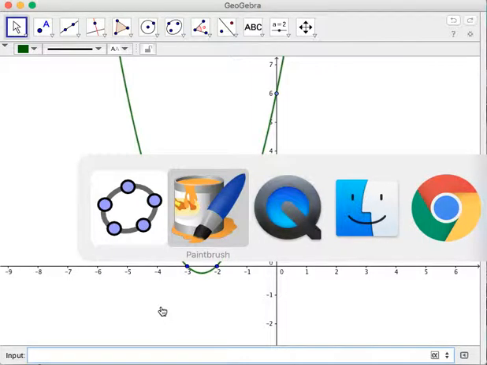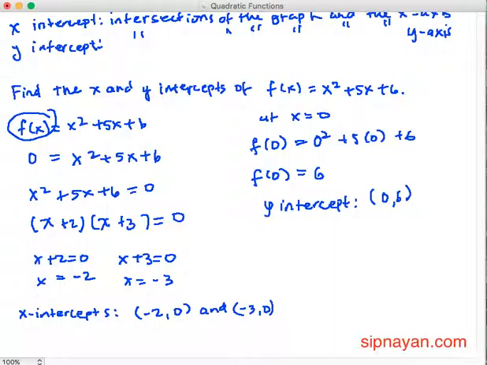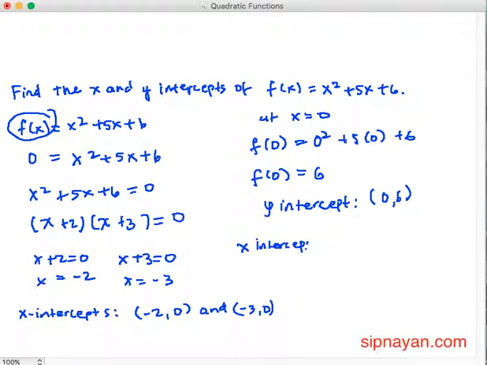Okay? Bago tayo magtapos, anong ginawa natin? What did we do para makuha yung x-intercept? Yung x-intercept, to get the x-intercept, what did we do? So, x-intercept, ang ginawa natin, set y to 0.